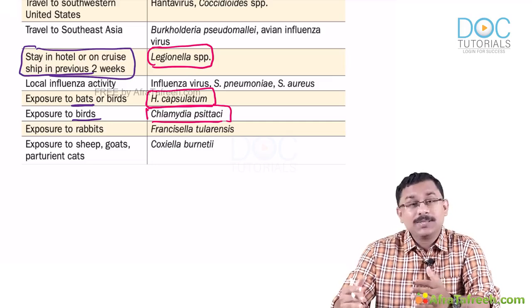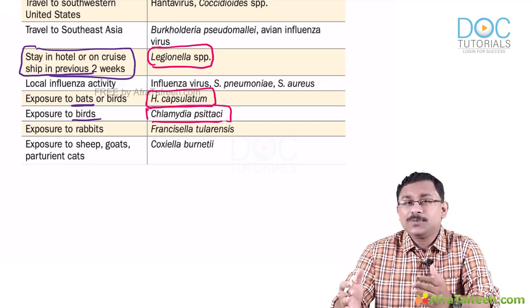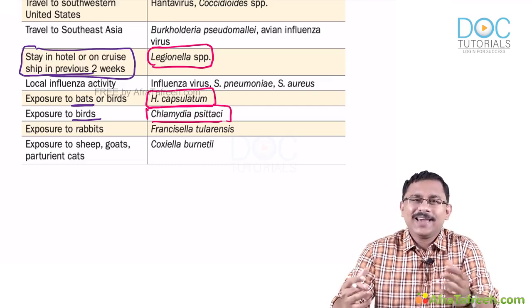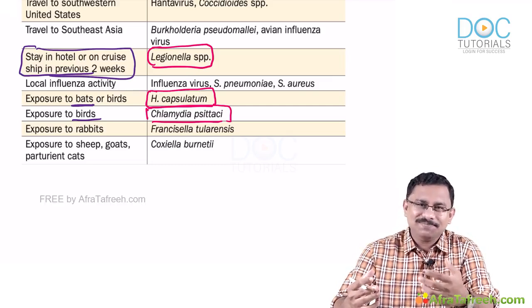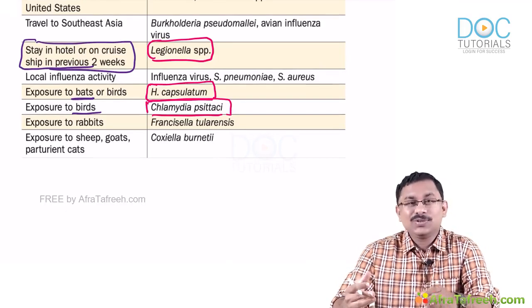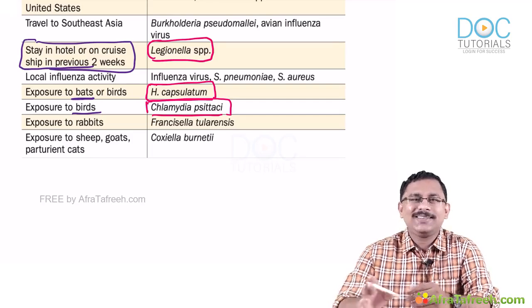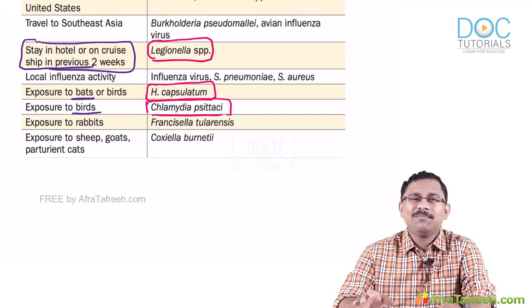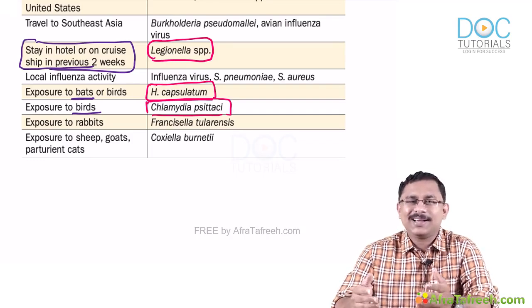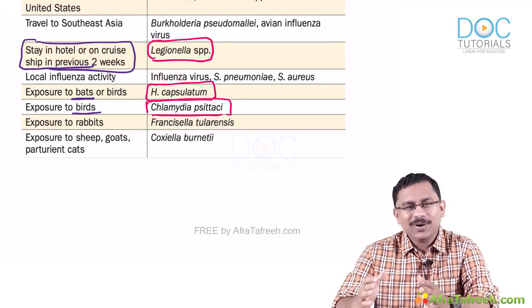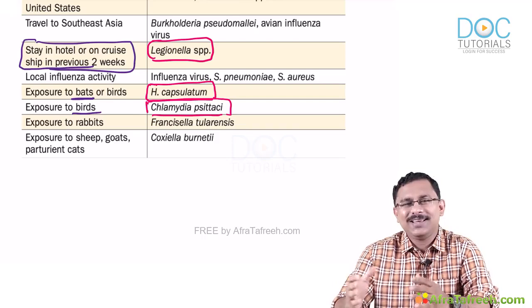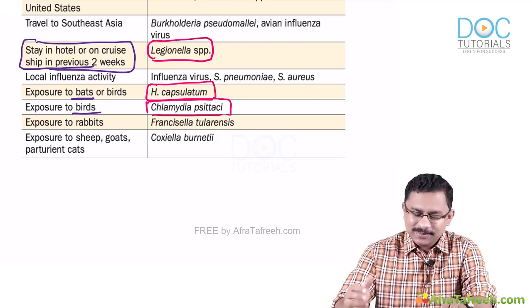So these are organisms which you will consider in certain special scenarios. They are not organisms that are going to cause say routine pneumonias. So in your exam also, don't think that just because a patient is having a bird at his home, he is likely to get a psittacosis. Okay, it is only in certain special scenarios you would think of these rarer organisms.